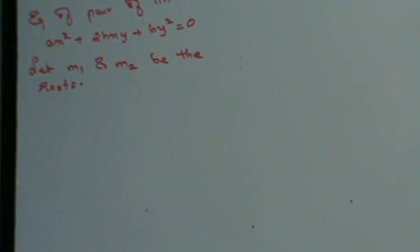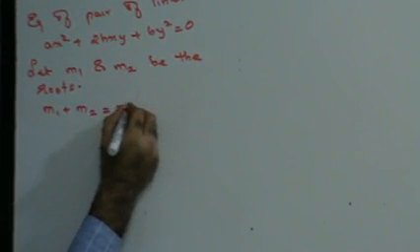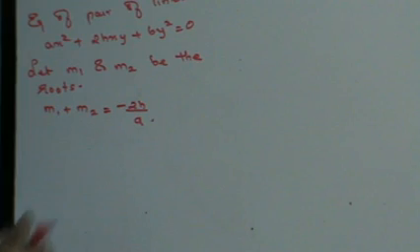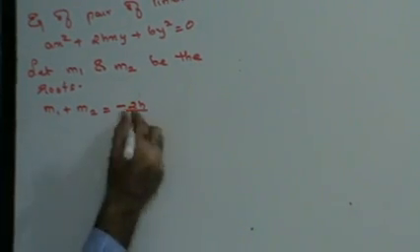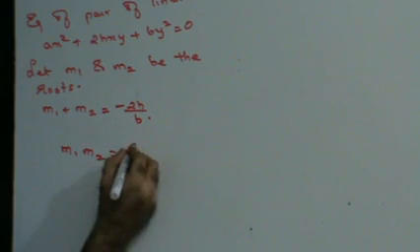If m1 and m2 are the roots of the equation, then m1 plus m2, guys, we've learned this in 11th standard, is nothing but minus b upon a. So this is going to be minus 2h upon b, and m1 m2 is nothing but a upon b.